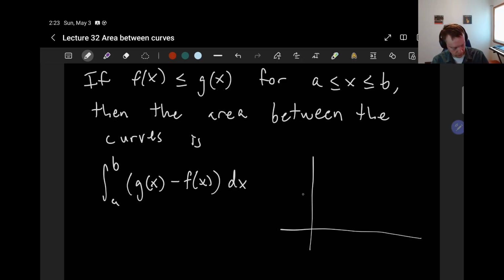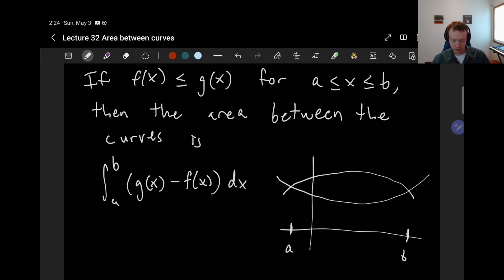So if I draw a little picture here, let's say that here's x equals a, here's x equals b. On this interval, g of x is higher than f of x. To find the area in between, you would use little rectangles like with the Riemann sums that we did before. It's just that now this height, instead of the full g of x, is shorter.